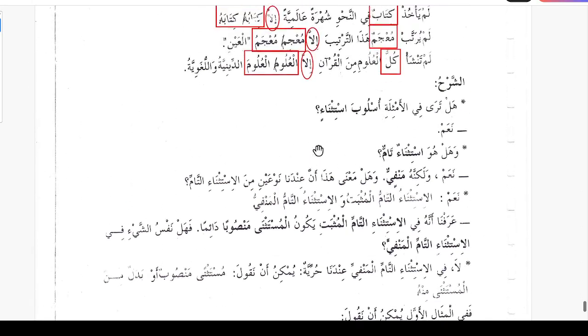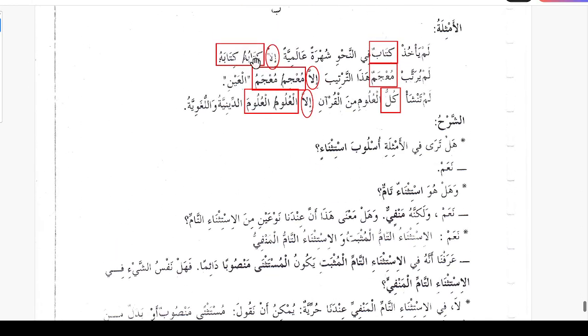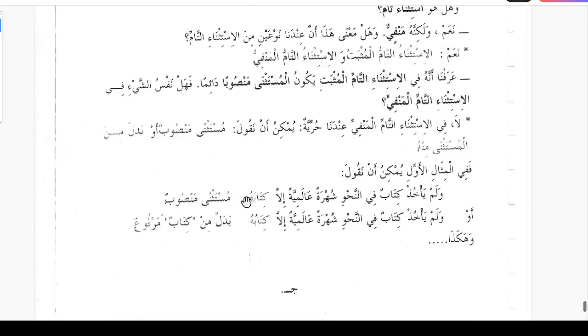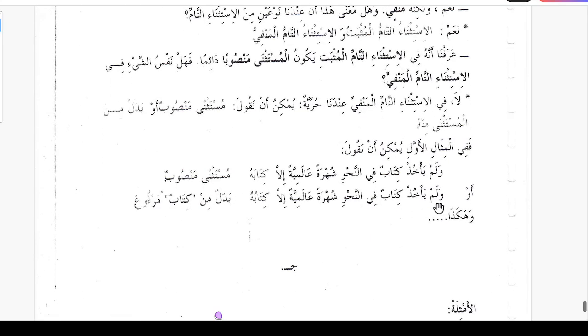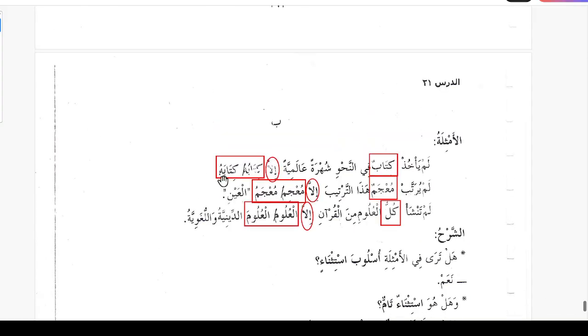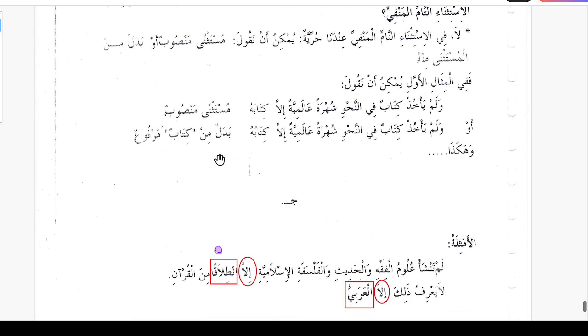So like in the case of this first example, either we use kitabahu with mansub, mustasna mansub, or we can say ولم يأخذ كتاب في النحو شهرة عالمية إلا كتابه, or we can use kitabuhu, because this is the substitute for mustasna minhu. So we have the options here, badlun min kitabun marfu, because the mustasna minhu is marfu, so we can also use it marfu, wa hakaza, and so on.